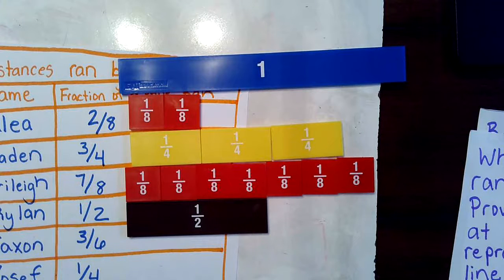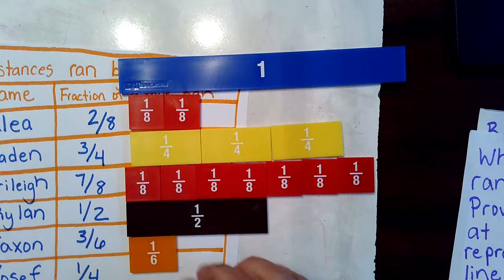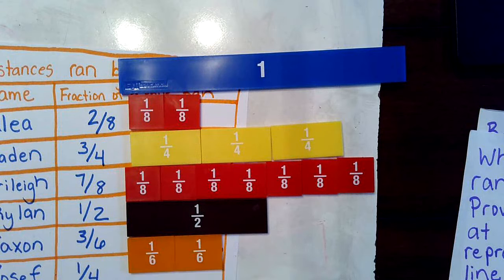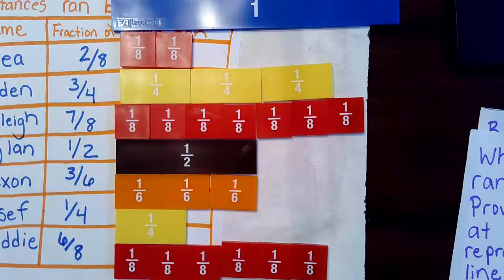So let's get 6/8. Whoops, I grabbed 6. Let me grab those. There's Maddie. She is 6/8 of the mile. So if you can see her at the bottom, I'm sorry you can't really see the names at the same time.